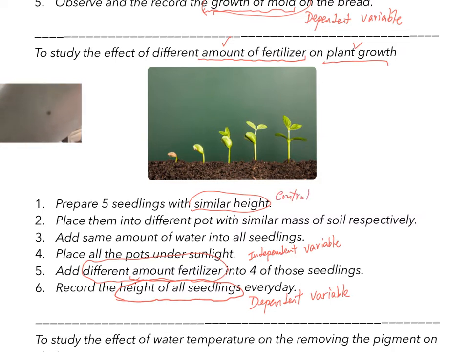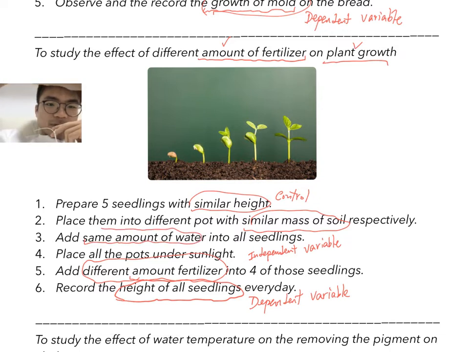Also, a similar mass of soil, also a control variable. And the same amount of water, also a control variable. And one more: step 4, place all the pots under sunlight. This is to ensure that each seedling has an equal amount of sunlight.